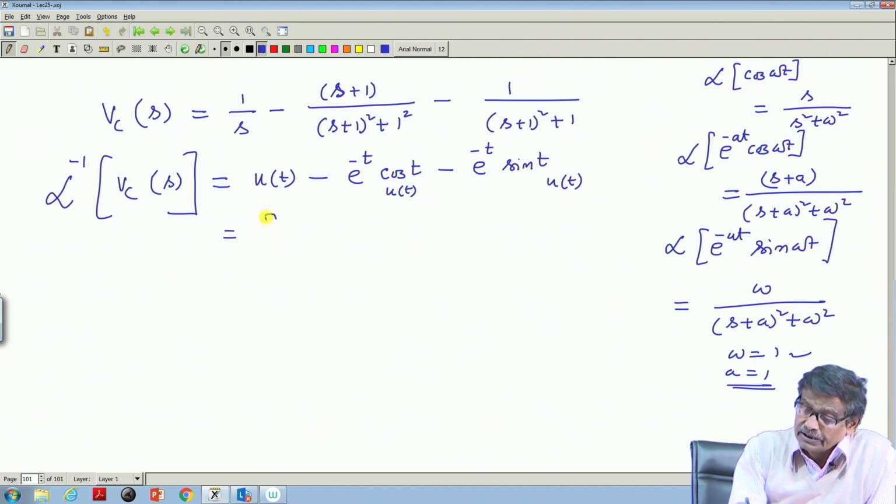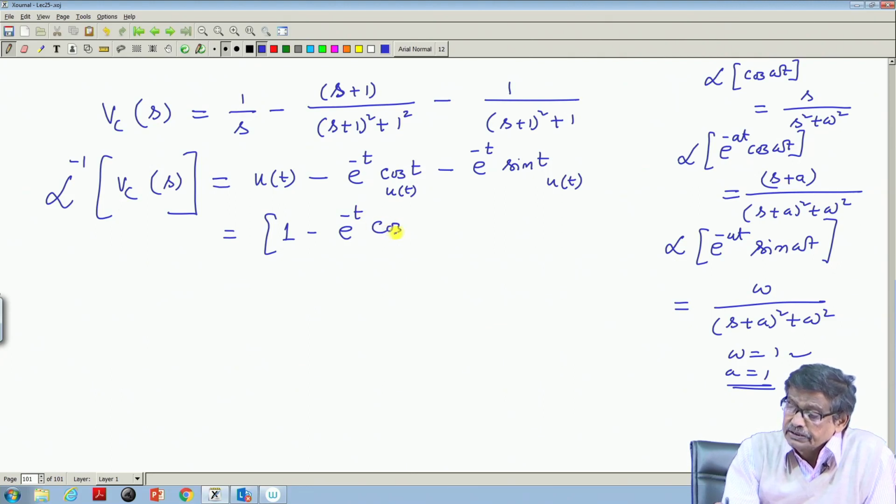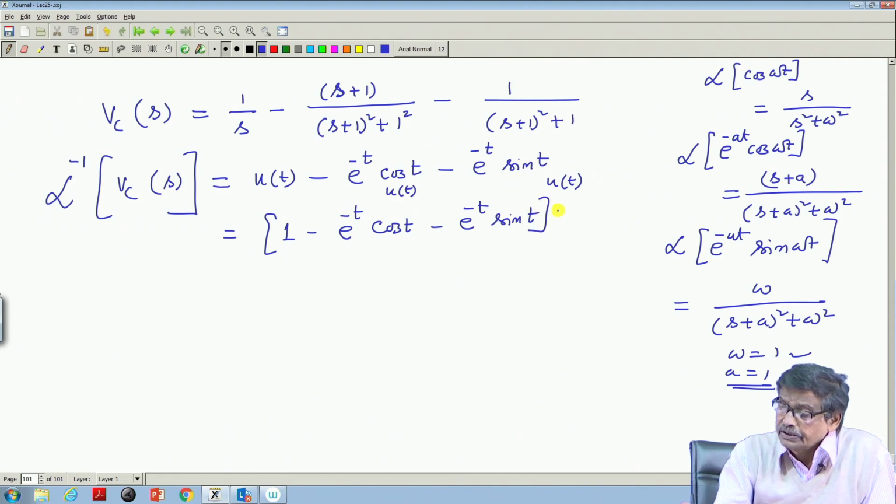So this can be written as 1 minus e to the power minus t cos t, minus e to the power minus t sin t, whole into u t.